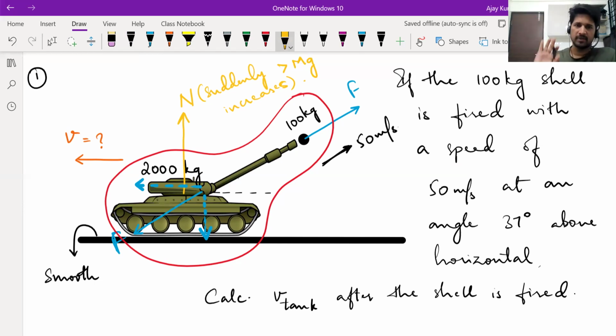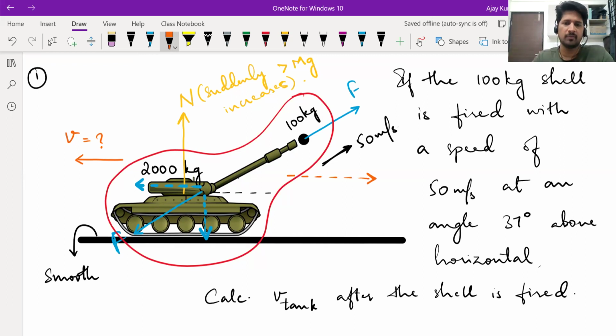Now the bomb has some momentum. Mass into velocity, 100 into 50, 5,000. But that 5,000 is not in the x direction. So one of you quickly tell me, how much is the bomb's linear momentum in the x direction if the angle is 37 degrees? Make it fast. Actual momentum is 5,000 kg meters per second. Angle is 37.